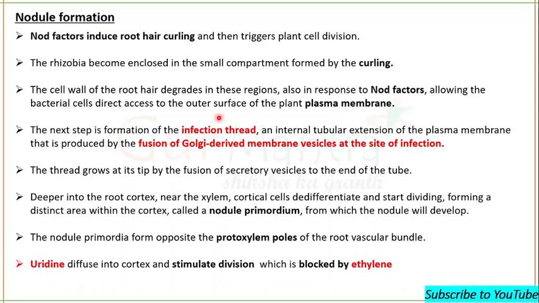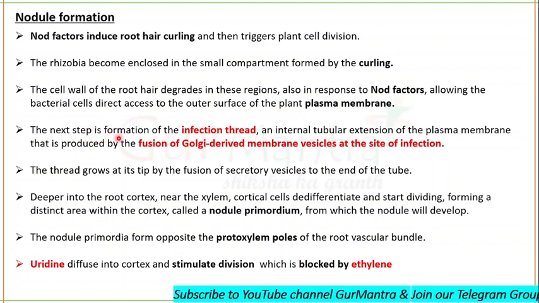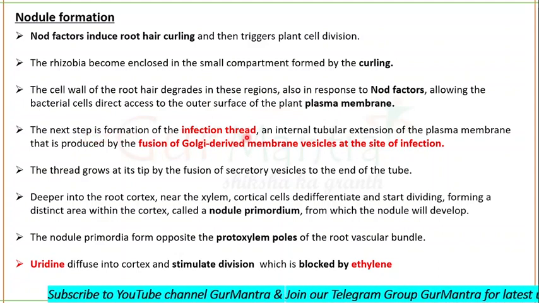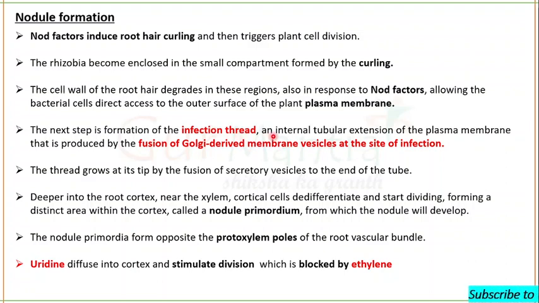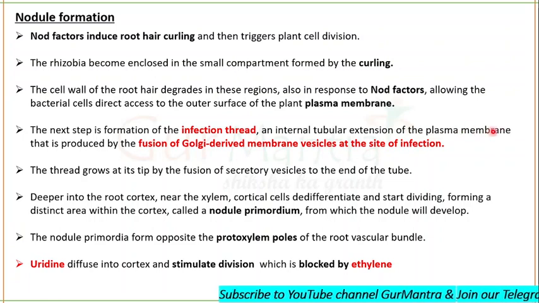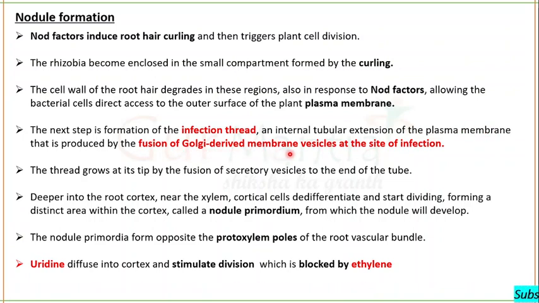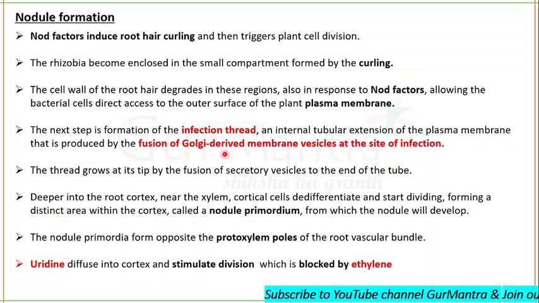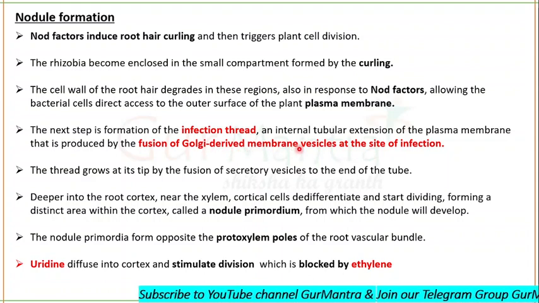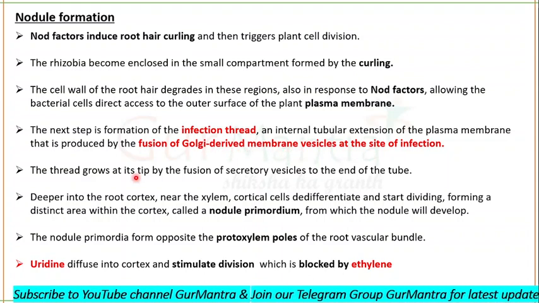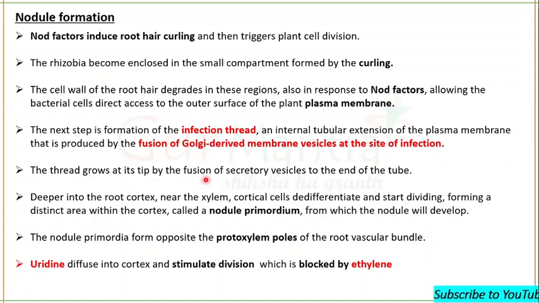Then the plasma membrane fuses with the bacterial cell, and the infection thread forms. This infection thread is an internal tubular extension of the plasma membrane, produced by fusion of Golgi-derived membrane vesicles at the site of infection. The thread grows at its tip by the fusion of secretory vesicles to the end of the tube.